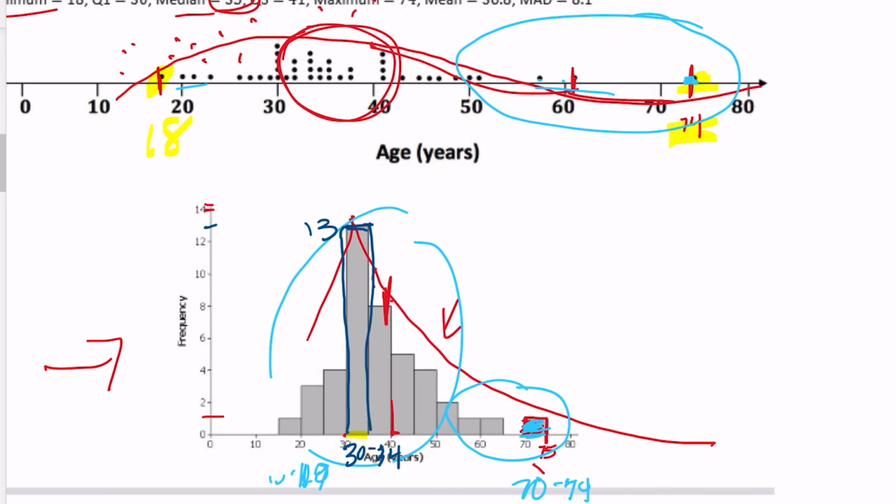We just know there are 13 total. Whereas here we can tell between ages 30 and 34, there are 1, 2, 3, 4, 5 people who are 30. One person's 31. 3 people are 33. No one is 34. Does that make sense? I hope so.